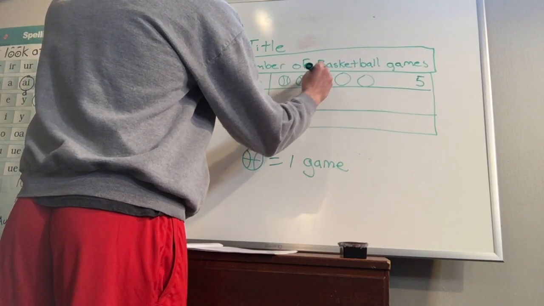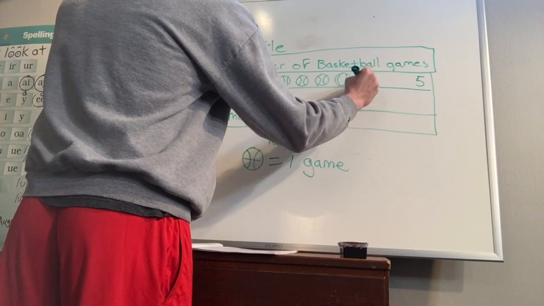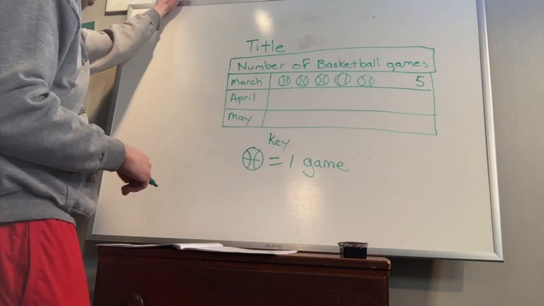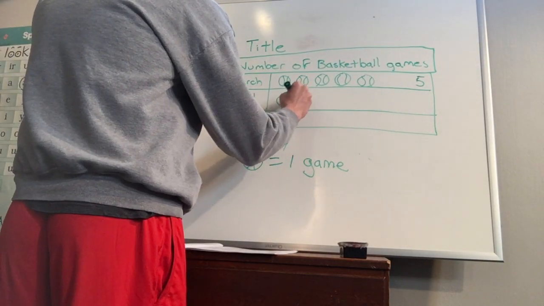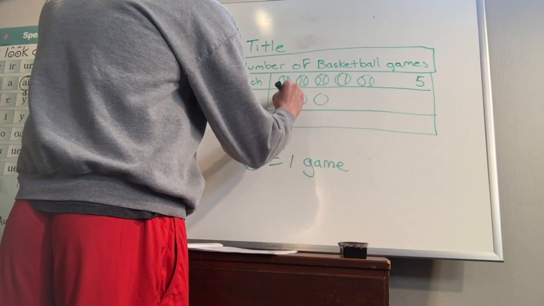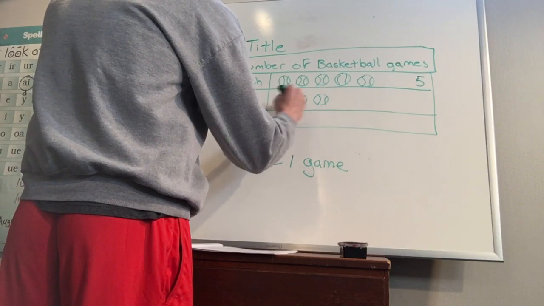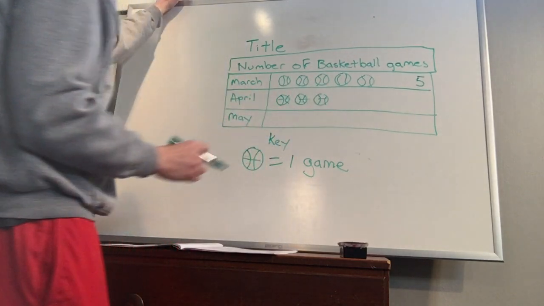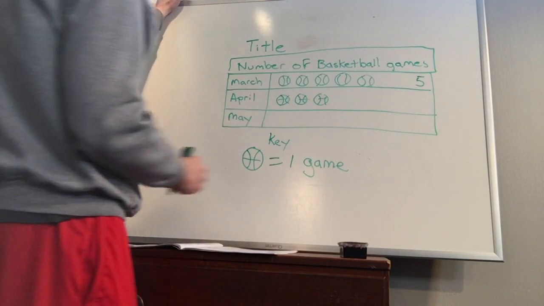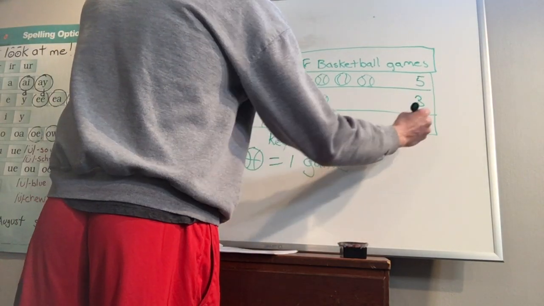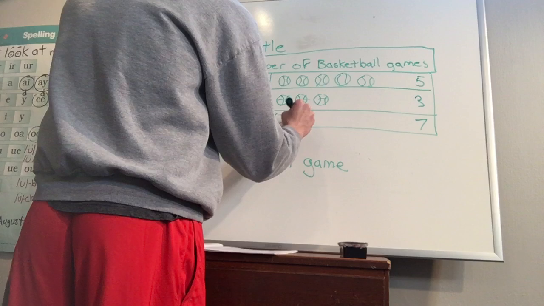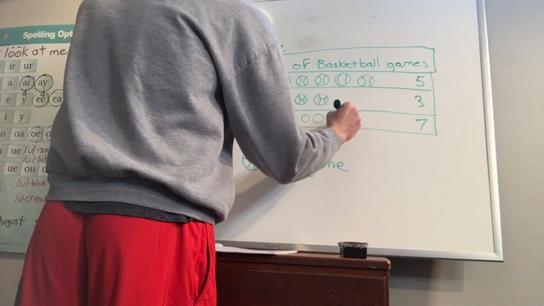Now they don't have to be perfect, just as best as you can. Okay? And in April, we're going to say we had about 3 basketball games in April. And we're going to say in May, we had 7. So 1, 2, 3, 4, 5, 6, 7.